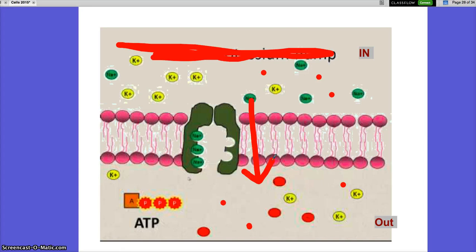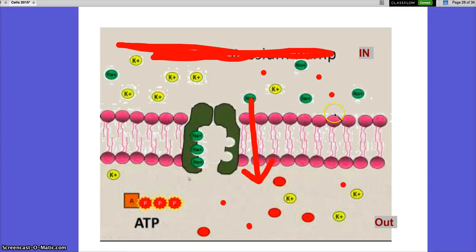What else did they move? From high to low. When molecules move from high to low, what type of transport is that? Passive. When molecules move from high to low through what is that? The lipid layer. It's called? No, just diffusion. Diffusion. End of story.